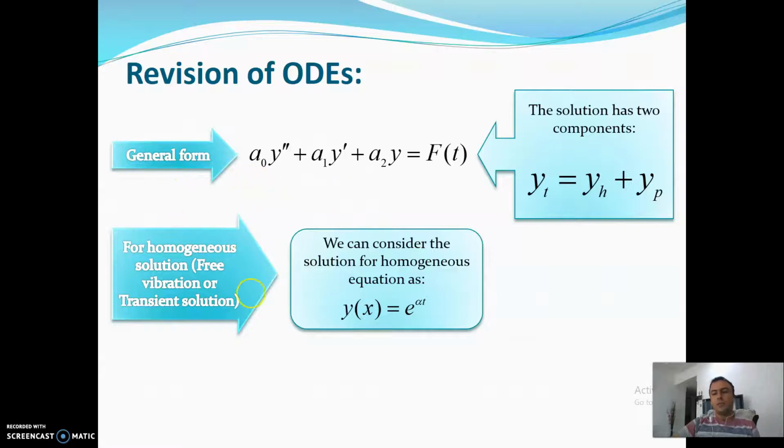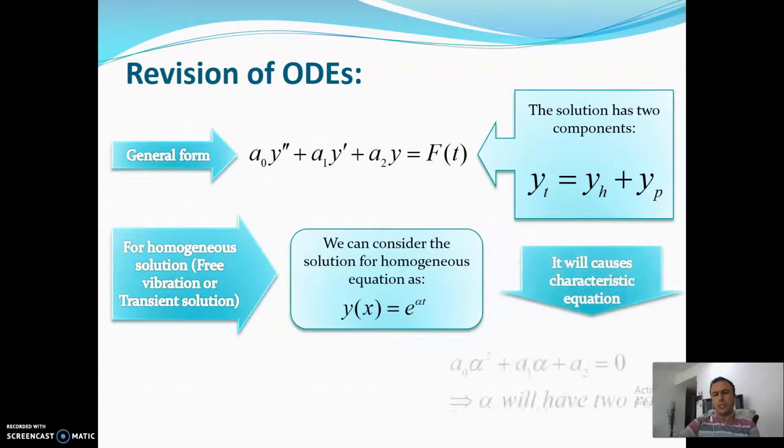We can consider the response in the general form of this exponential function, e to the alpha t, in which alpha is in fact the eigenvalue of the equation. If you substitute this form in the main equation, you can extract the characteristic equation.